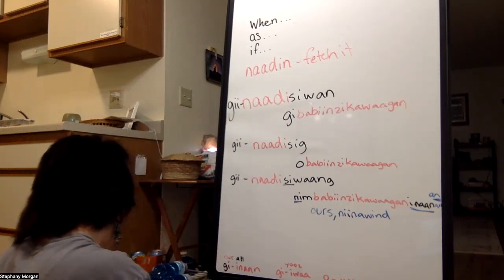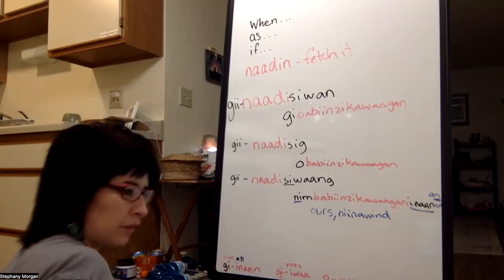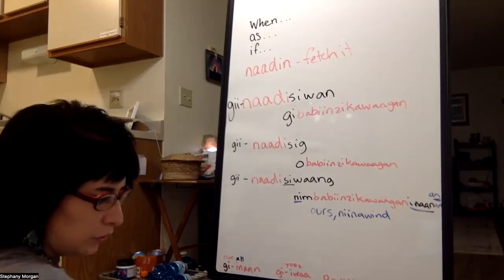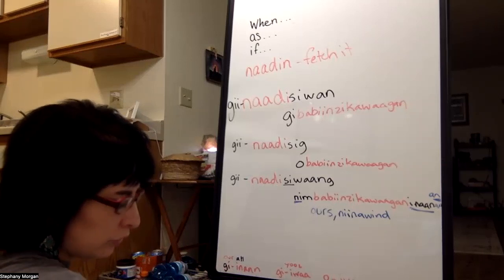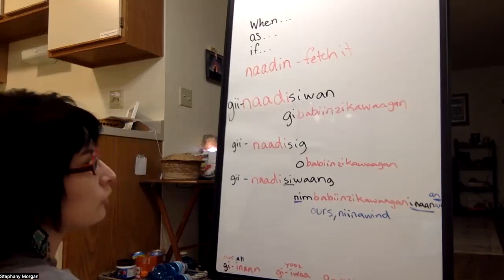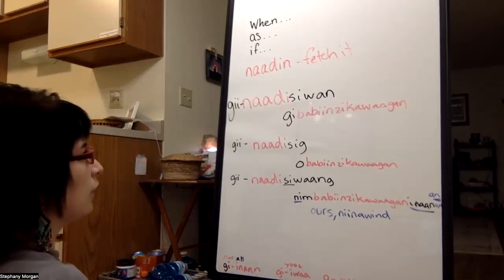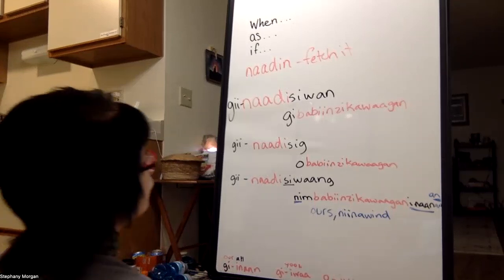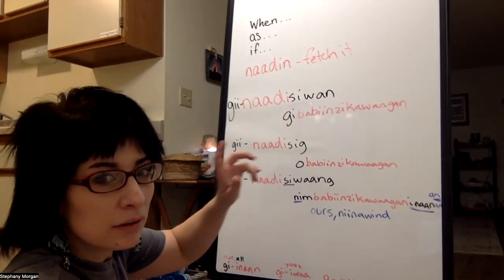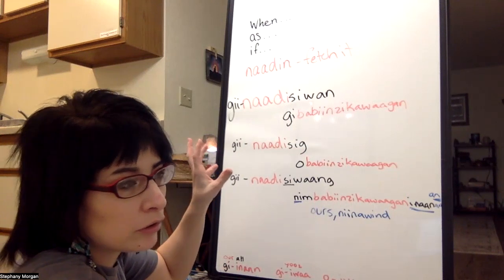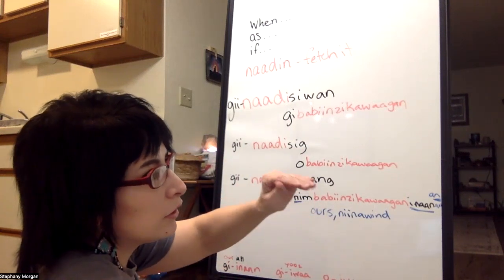That's something I said a lot to my students was, you should fetch your backpacks or your packs. So I'd say, kita not in awa, kita not in awan with the n on the end. You all should fetch them.